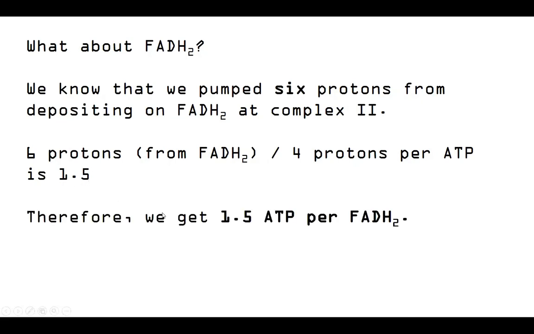So therefore, we get 1.5 ATP per FADH2. So even though NADH and FADH2 both hold 2 electrons, we get 2.5 ATP from NADH, but only 1.5 per FADH2. So let's start adding these totals up.